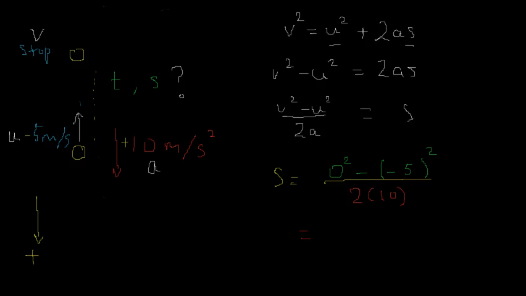Okay, so we have all the numbers that we need, really. And on top I have 5 squared, and I just clear out all the signs. The minus sign in the bracket disappears because it is squared, but I still have the minus sign outside it. So there's a minus sign here over 2 times 10.